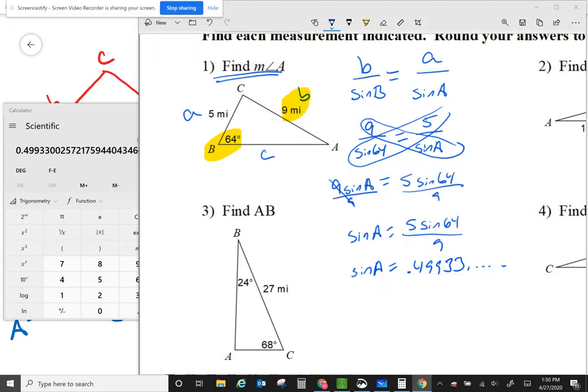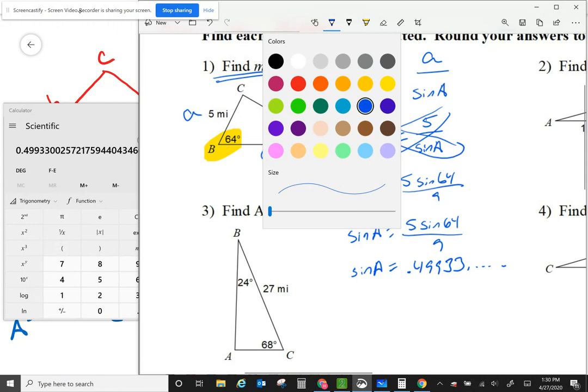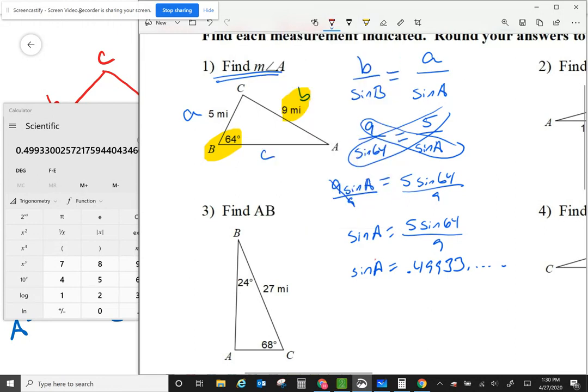Now, remember in geometry, you guys used to solve for angles. It would be nice if my angle and this decimal could trade places. And that happens, but I'm not going to call it sine.